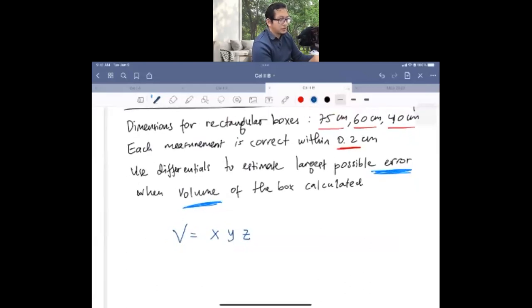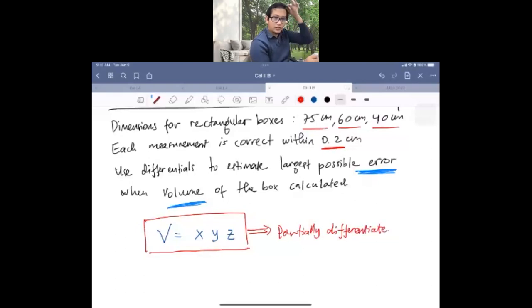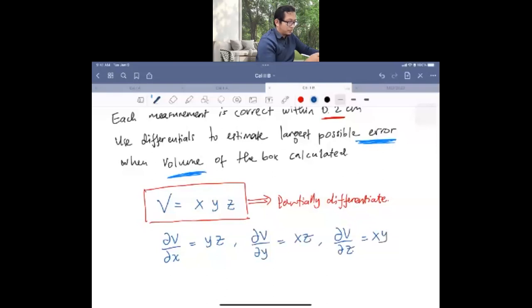The idea of differentials is that we differentiate this volume, partially. Differentiating with respect to x gives yz, with respect to y gives xz, and with respect to z gives xy. So we have three components here.